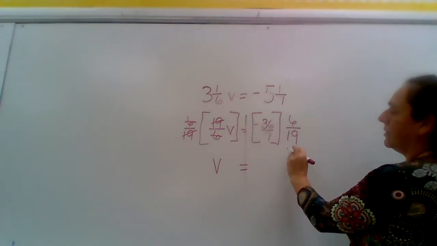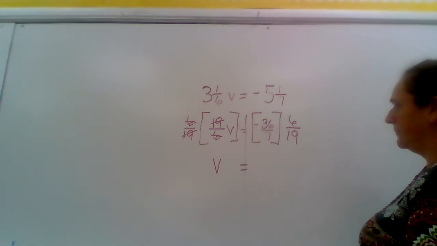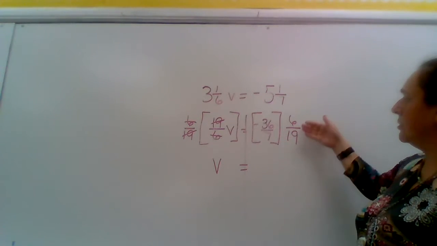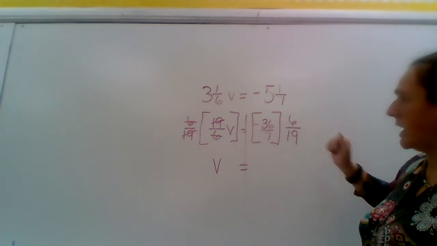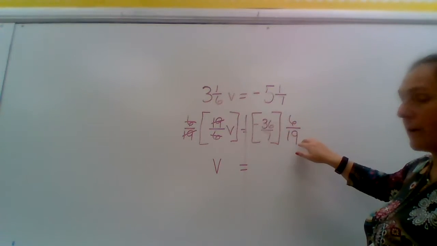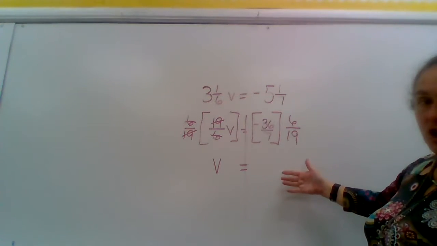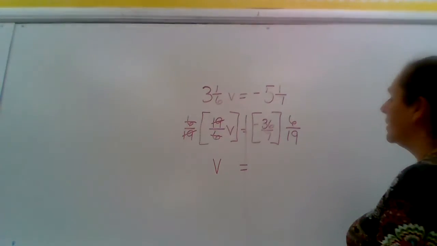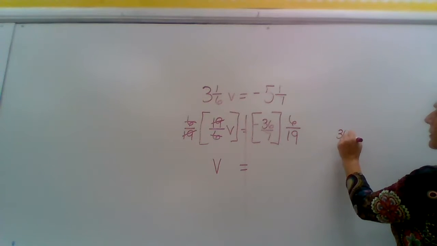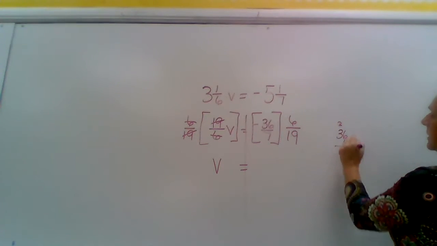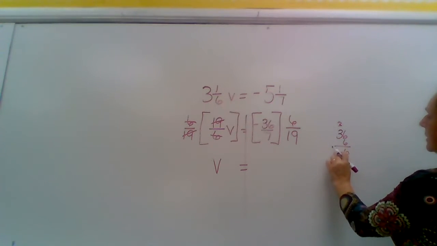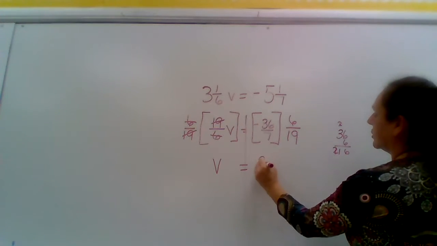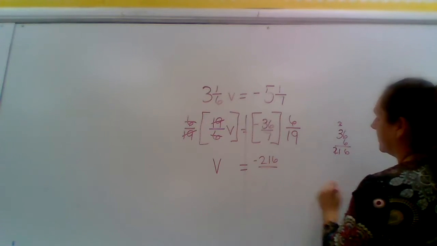Now, a couple of things you can do here. You can change that to a decimal. You can change this to a decimal, multiply the two. You can multiply your fractions, and then we can change maybe if it was improper back to mixed. Okay, so let's see what happens. Let's multiply our 36 by 6. So we get 216 on top.